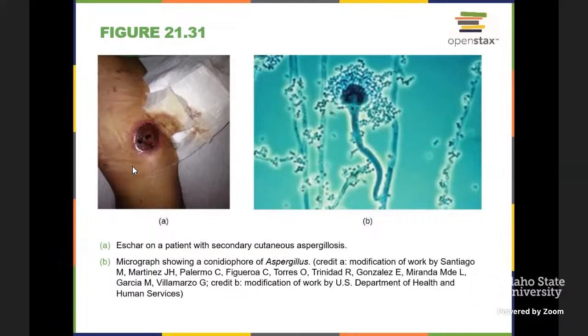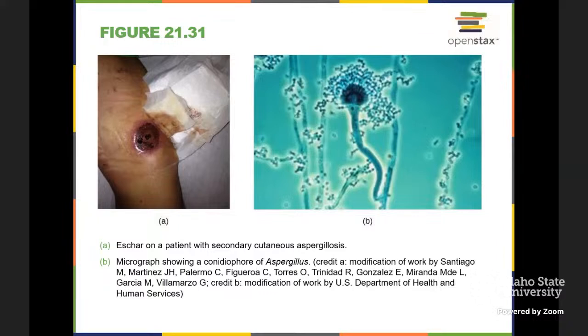There are opportunities for the fungal infection within the lungs to disseminate and result in infections elsewhere. So this is a secondary cutaneous aspergillosis. And we say secondary because it initiated in the lungs, all right? And then ultimately through dissemination presents on the skin as these lesions, all right?